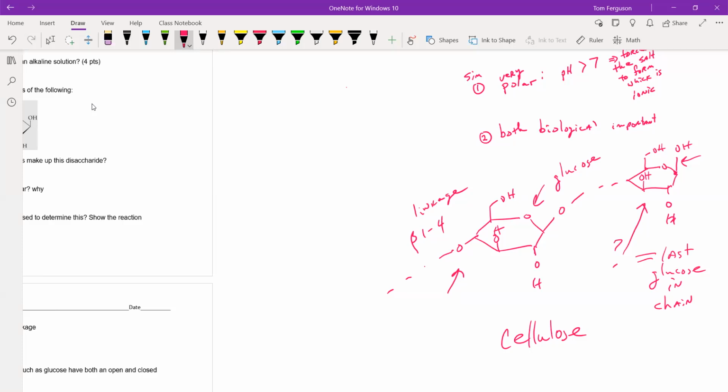Hence, it can open up, be oxidized, and give a positive Benedict's test or Tollens test or a number of other oxidative tests. So that's where that tricky question was going: you were looking at the very first glucose. Its anomeric carbon is not linked to anything else, so it is in the hemiacetal form. Does that make sense?